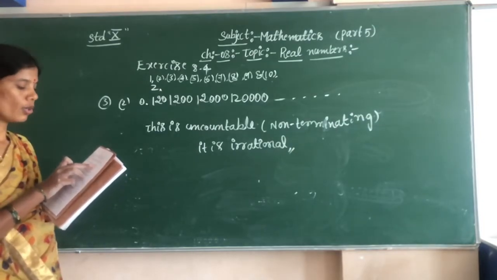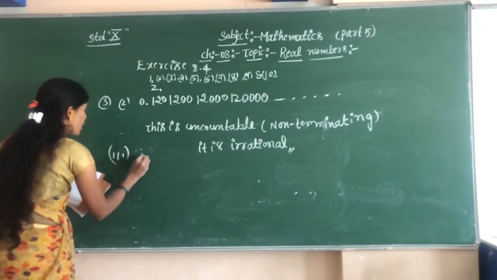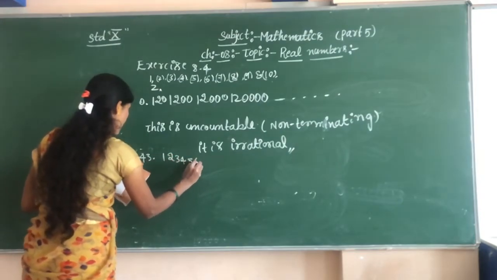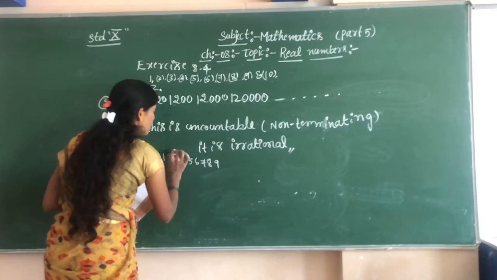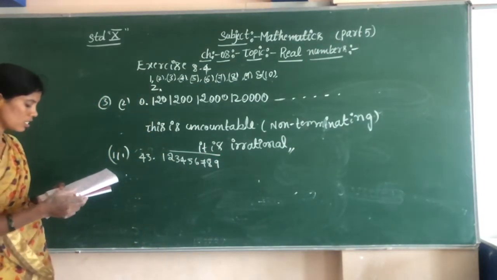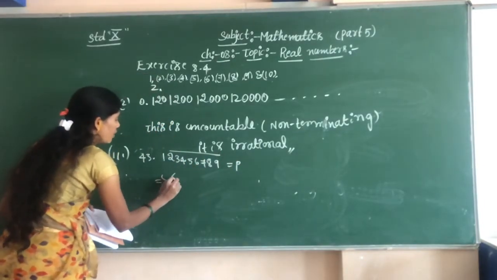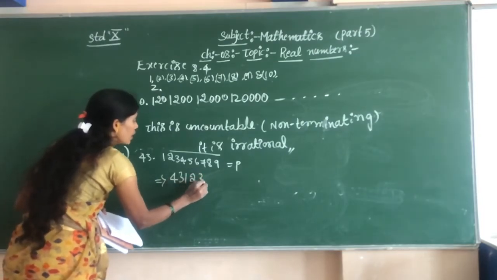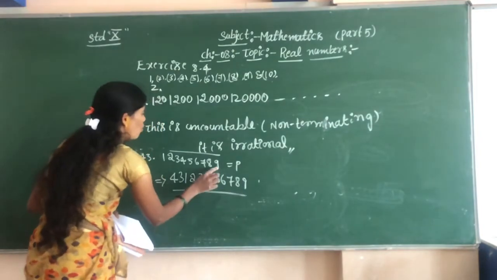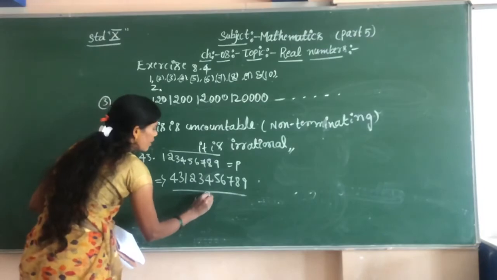43.123456789, that one is there. You should put the bar. So we should mark 43123456789, 123456789, so 10 to the power of 9.